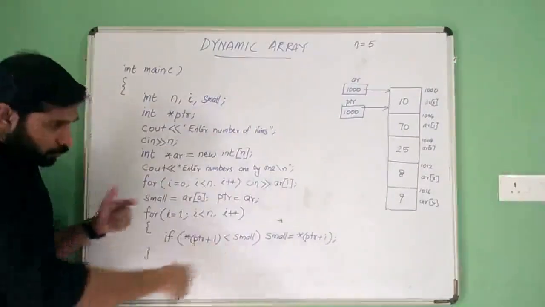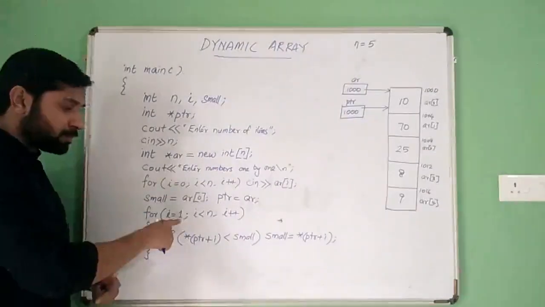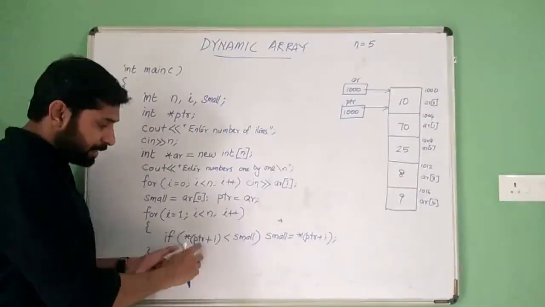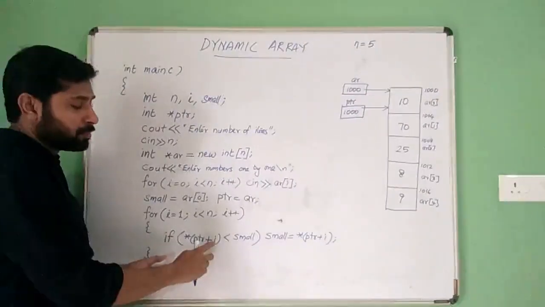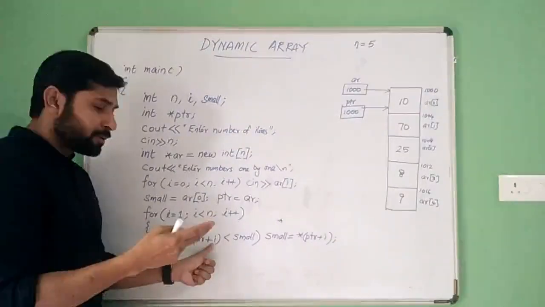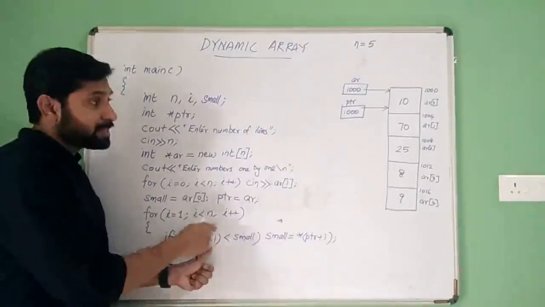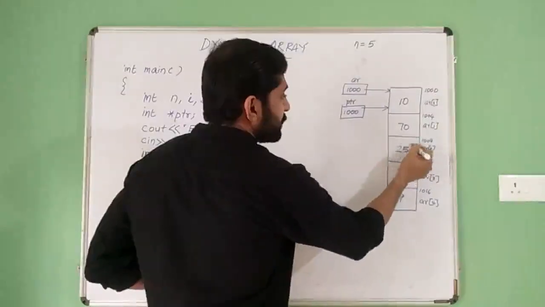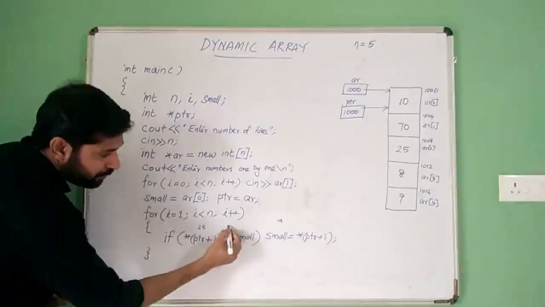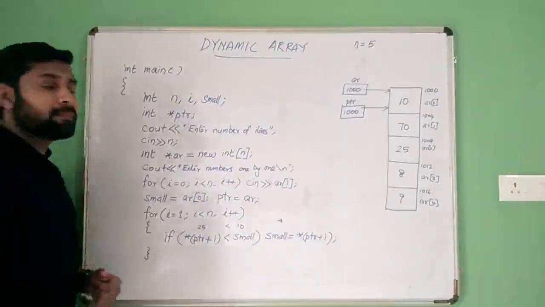Now the loop continues. I becomes 2. So star PTR plus 2. Adding 2 means it will add 2 into 4, that is 8. So 1000 plus 8 means this number 25. So here 25 less than 10.